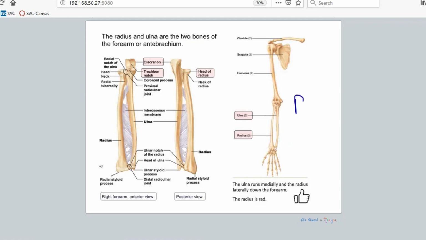And again, it's an anterior view. And the reason this is important is because you need to know which one is medial, which one is lateral. Okay, when we're looking at the ulna there, is that medial or lateral? That's medial. And then you have the radius over here, and that's lateral.